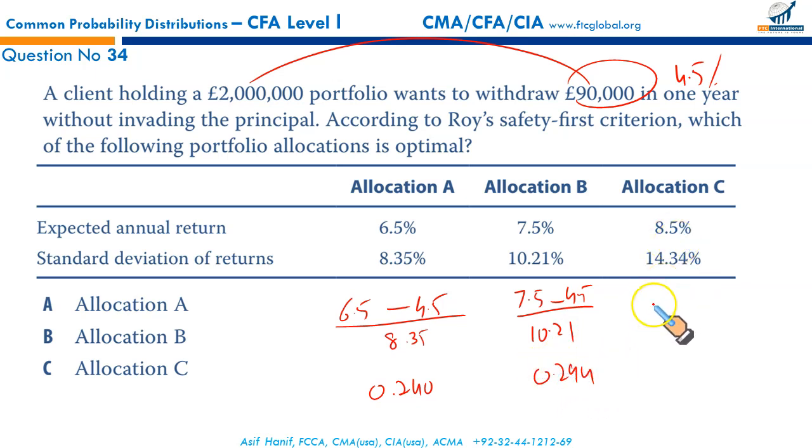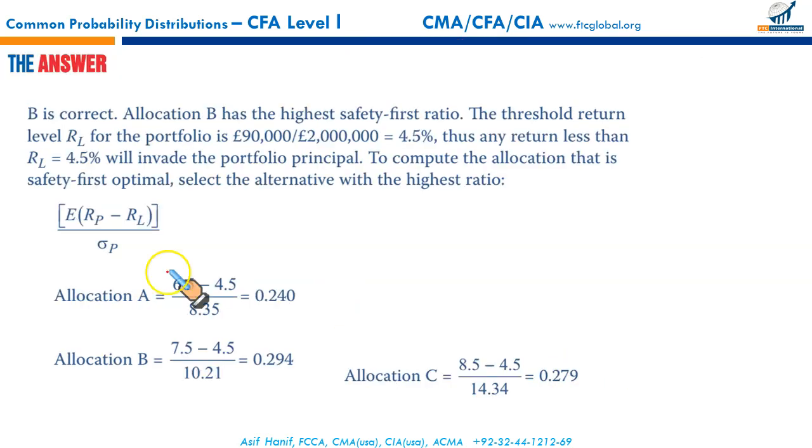And for C, it is 8.5 minus 4.5 upon 14.34% gives you 0.279. Now, the higher the better. That gives you B to be the correct option, allocation B.